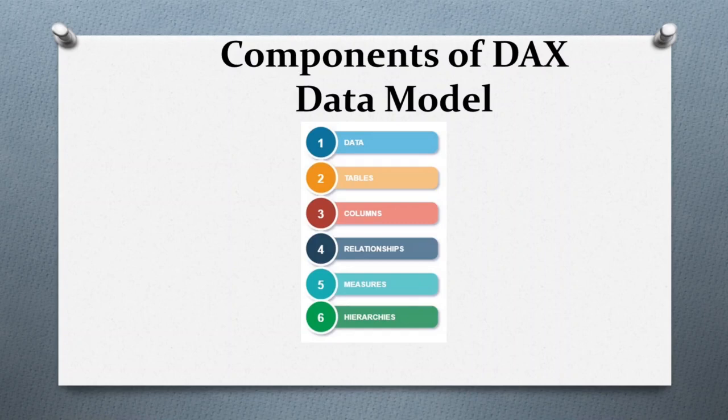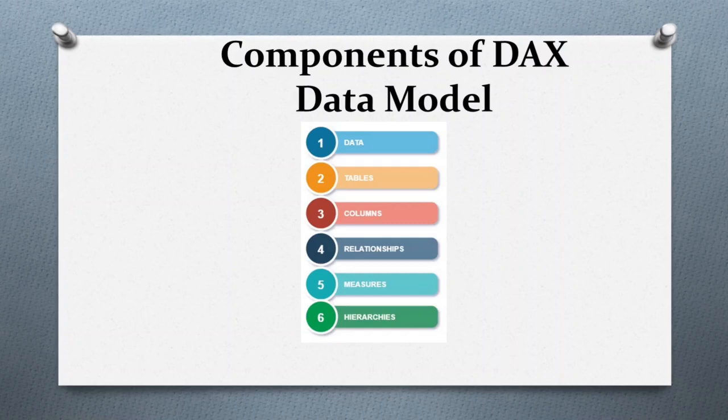We have six components: data, tables, columns, relationships, measures, and hierarchies. Relationship means joining two tables. Measures are calculated measures built from an existing physical column. And hierarchy is like a product hierarchy or a date hierarchy, all those things.